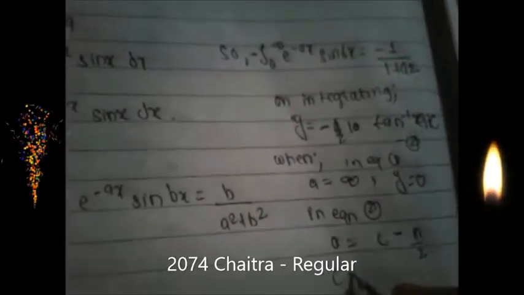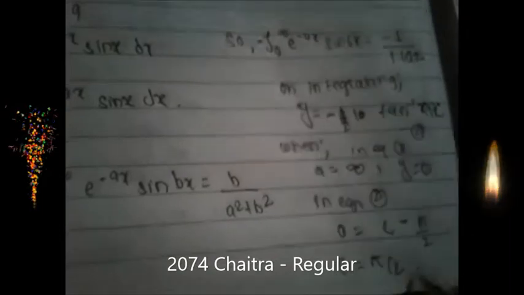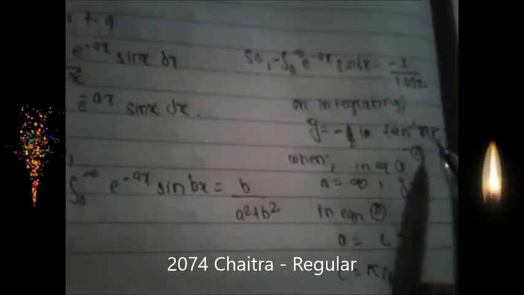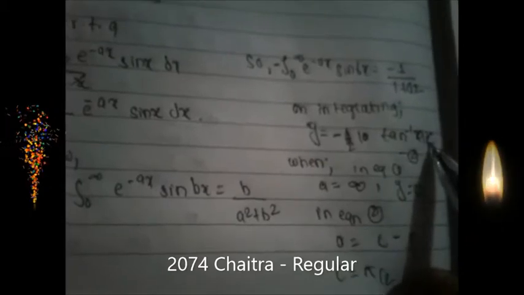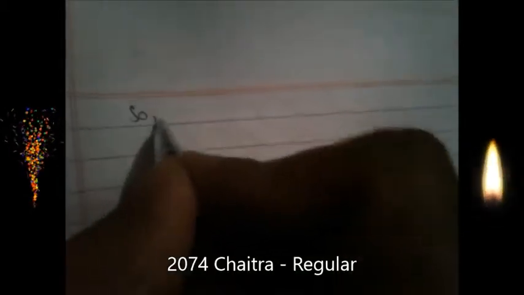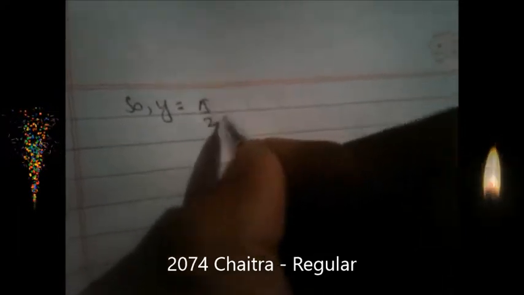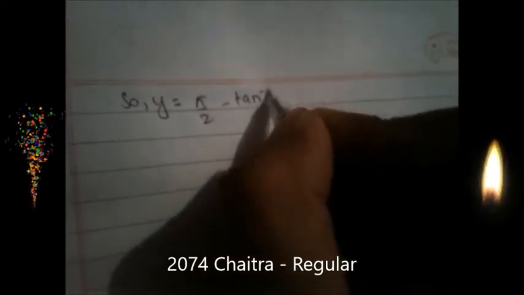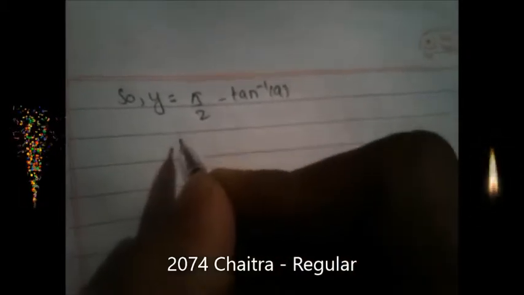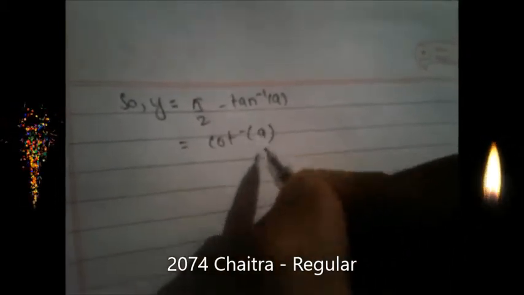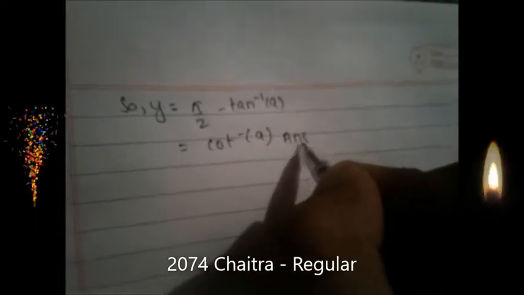So we get the value of c is pi by 2. Putting the value of c here, y is equal to pi by 2 minus tan inverse of a, and this is cot inverse of a, and this is our answer.